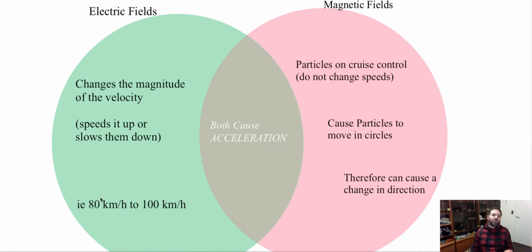An example is changing from 80 kilometers an hour to 100 kilometers an hour. While with magnetic fields, the particles tend to be on cruise control. They do not change speed. These particles move in circles, so they end up being deflected, and therefore can cause a change of direction only.